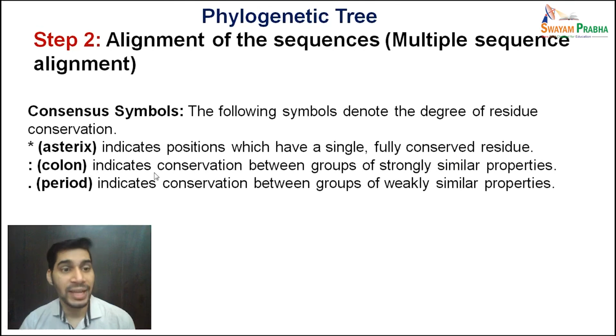Whereas a colon indicates conservation between groups of strongly similar properties, whereas a dot or a period indicates conservation between groups of weakly similar properties. So depending on the properties and their conservation, different symbols are given at the base of the multiple sequence alignment of the sequences.